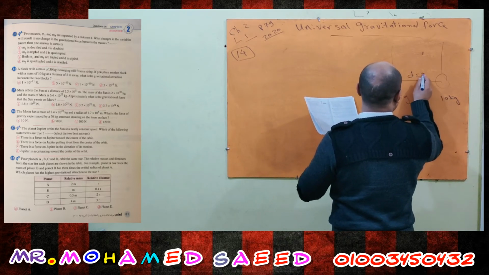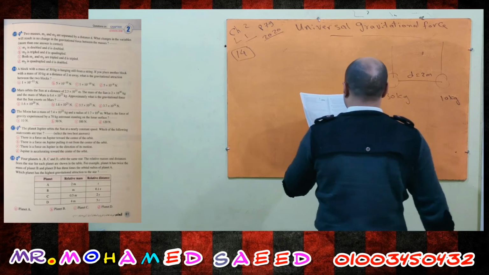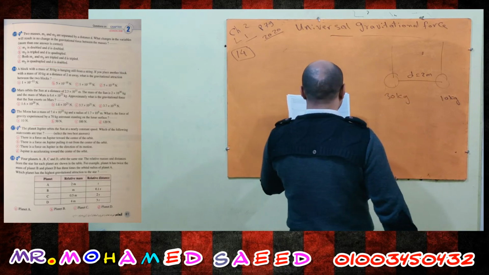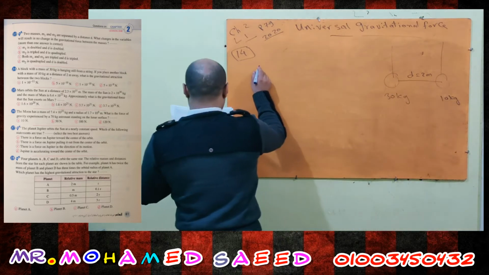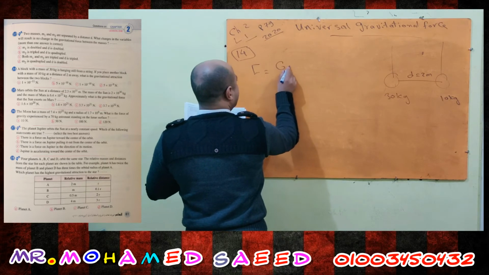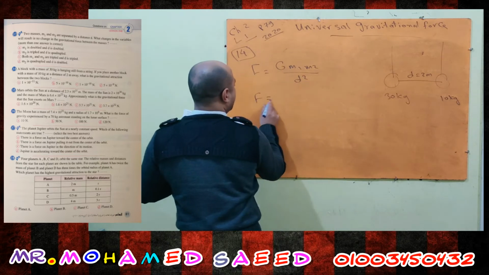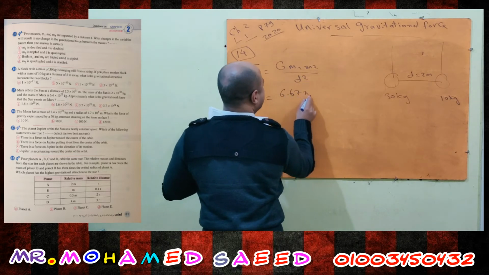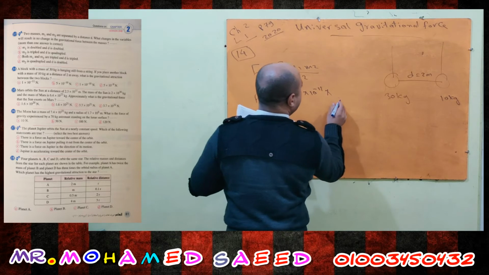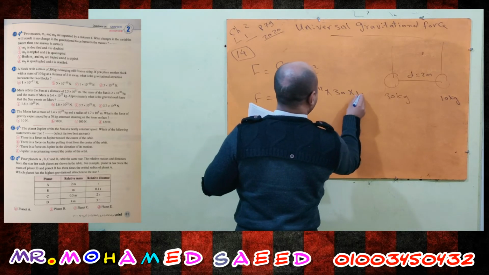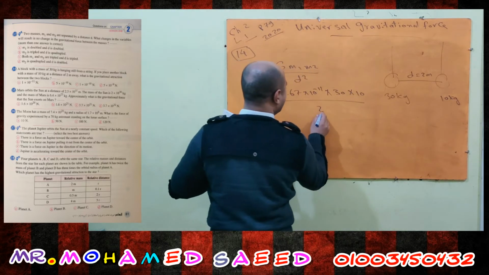D equals 2 meters. What is the gravitational force between the two blocks? F equals G capital M1 M2 over D squared.